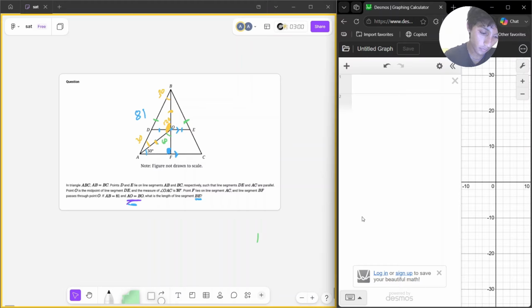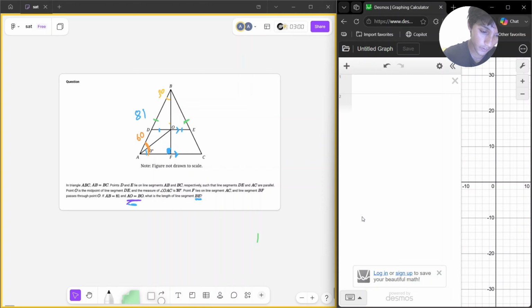Awesome. Now that we know this is 30, this whole angle would have to be equal to 60 now. Alright, let's get rid of all this junk.